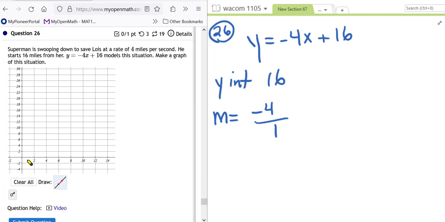Y-intercept is going to be on the y-axis, which is here. So there's my 16. I'm going to go down 4. Now be careful on this y-axis. Your unit here, what each one of those tick marks is, that's 2. And this is another 2. So that's down 4. Now I want to go over to the right 1.